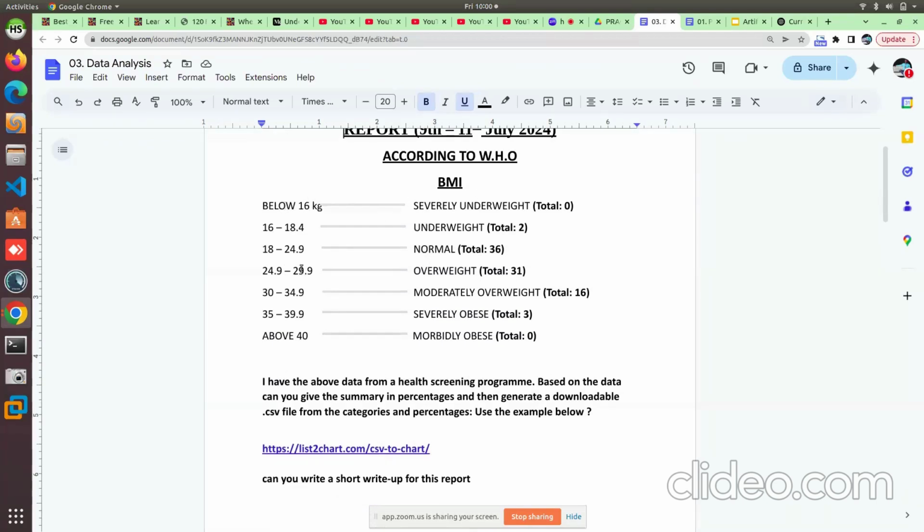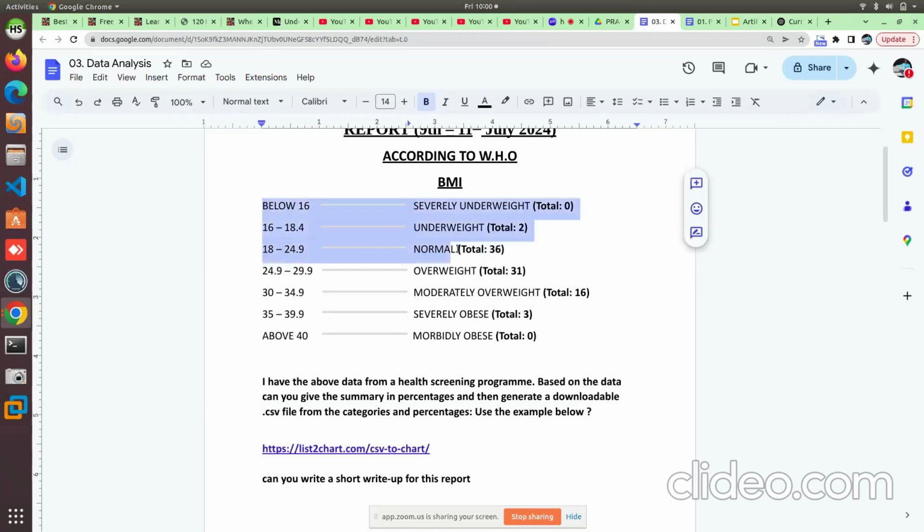Below, we have these BMI ranges. We said severely underweight 0, underweight 2, normal people were 36, overweight people were 31.